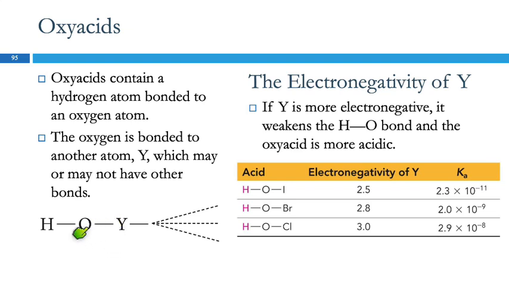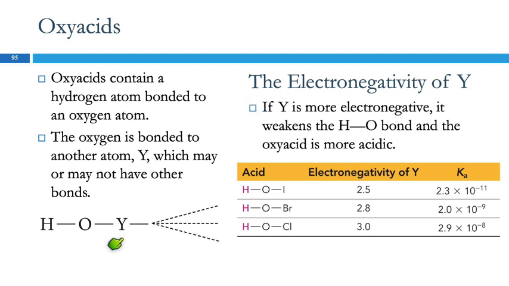This is bonded to oxygen, which is bonded to hydrogen, and then it can be bonded to other things as well, maybe other oxygens. So the strength of this bond is affected by this bond, which is affected by the electronegativity of Y.